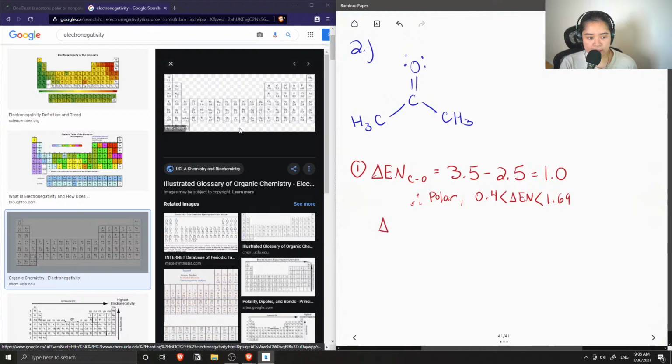Okay, so now let's calculate the electronegativity difference of a carbon and hydrogen bond. So carbon's electronegativity is 2.5 and hydrogen's is 2.1. So their difference is only 0.4, so the carbon-hydrogen bond is nonpolar.